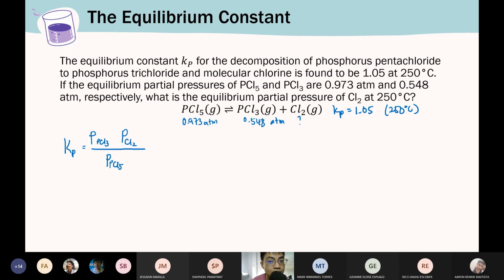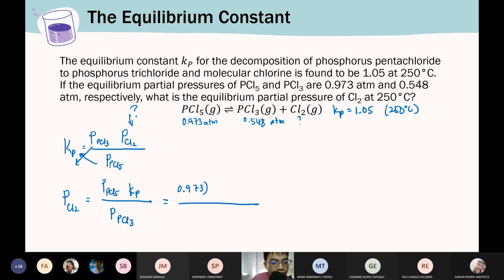What are we looking for? The Cl2. So what do you do? Just some cross multiplication. You will get the pressure of Cl2 equal to the pressure of PCl5 times the Kp divided by the pressure of PCl3. Then just plug in. The pressure of PCl5, 0.973.